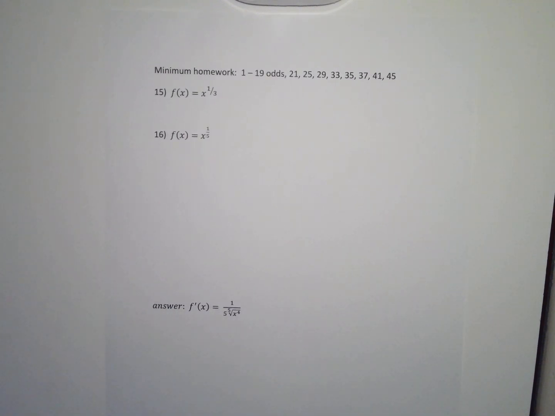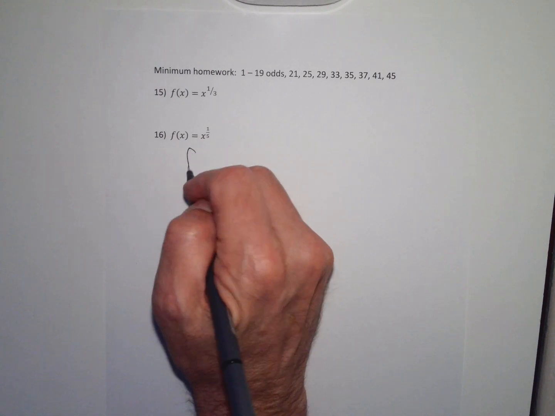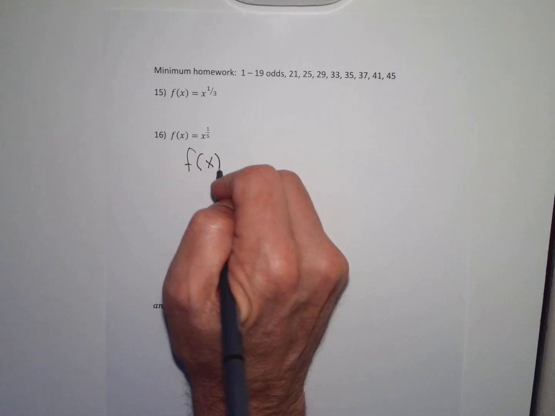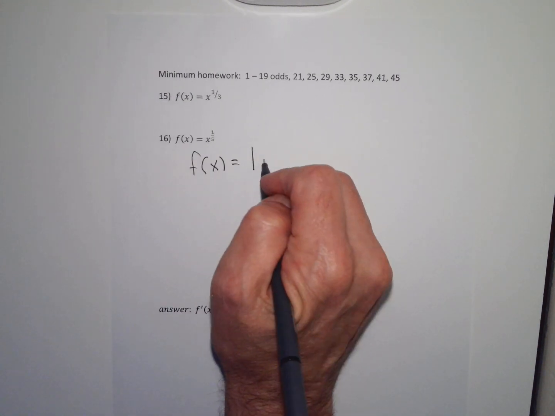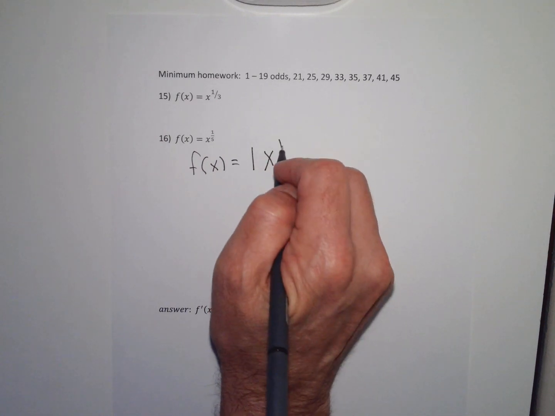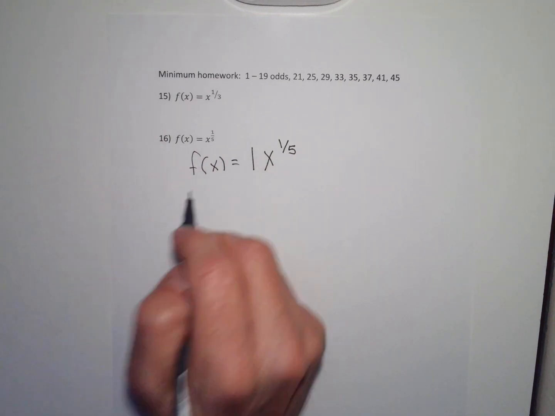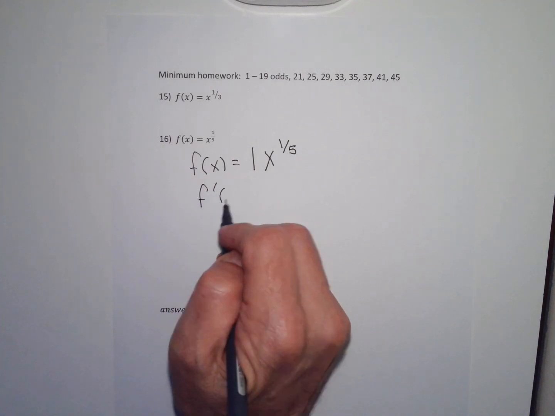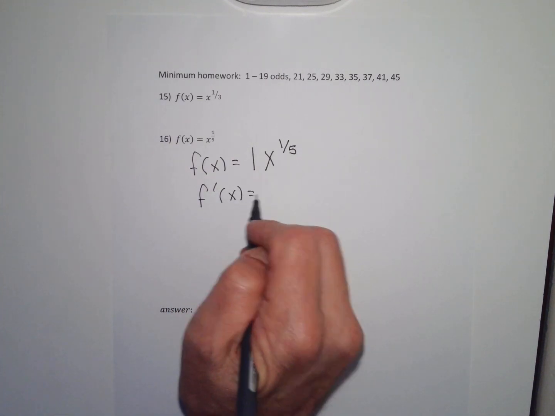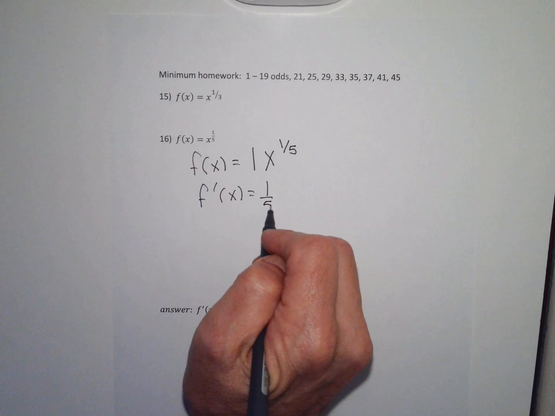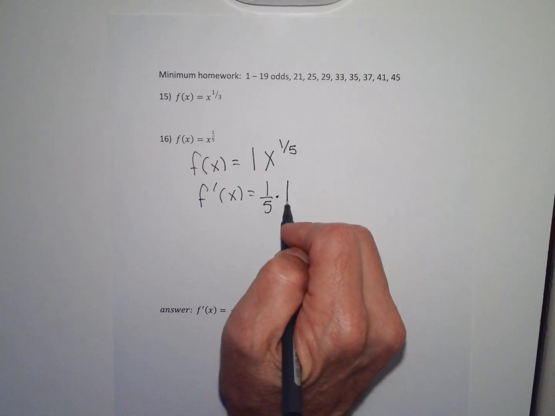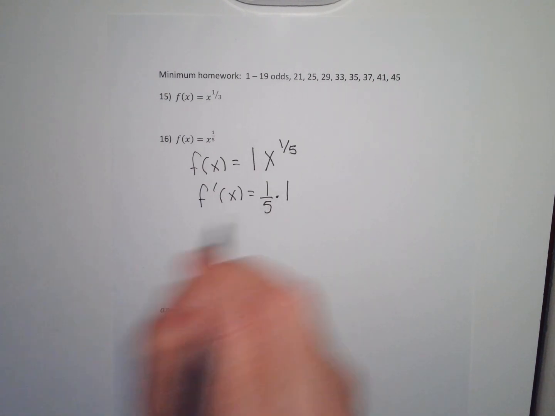In 16, I need to think of there being a coefficient of 1. I need to think of this as f of x equals 1 times x to the 1/5 power when I go to do my derivative. To do the derivative, I'm going to multiply the exponent of 1/5 times the implied coefficient of 1.